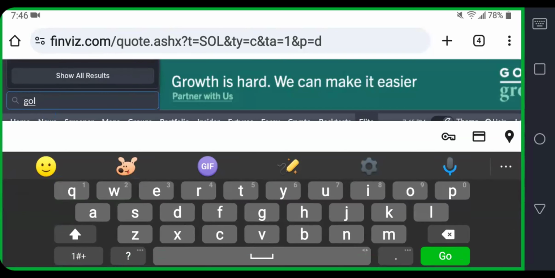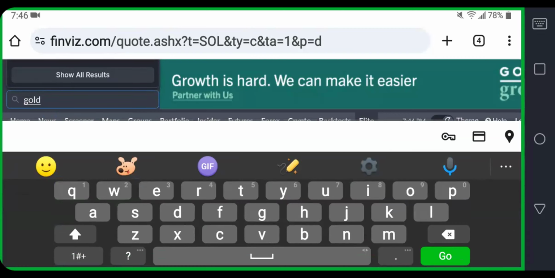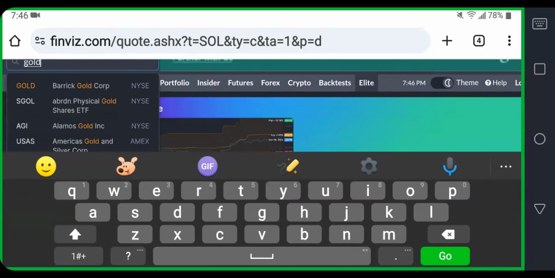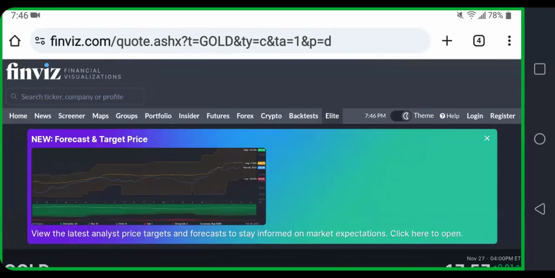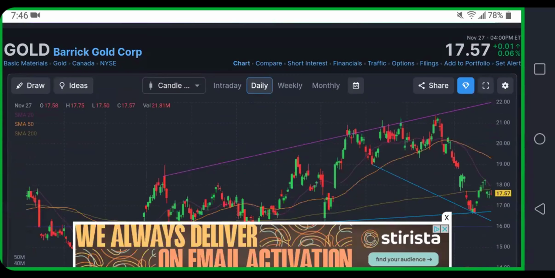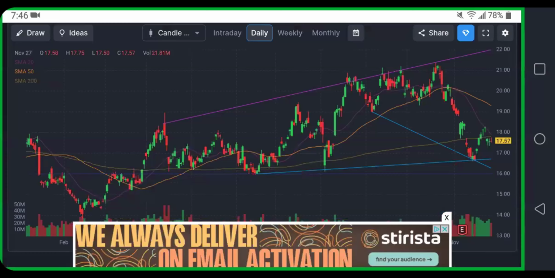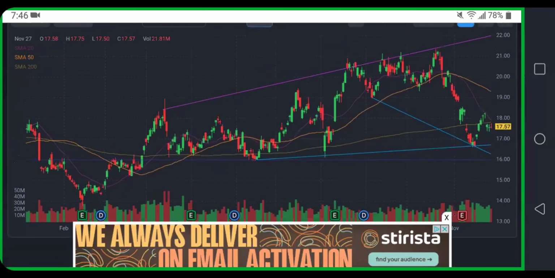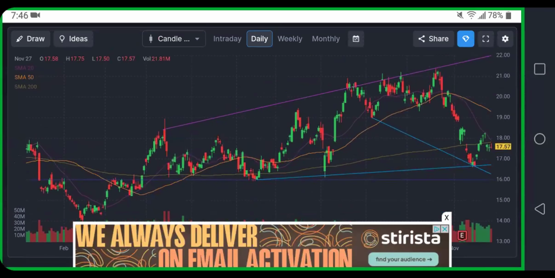GLD. All right, so if I want to determine or decide if I'm buying this gold or not, I will come here first. Is that what you're talking about, sir?